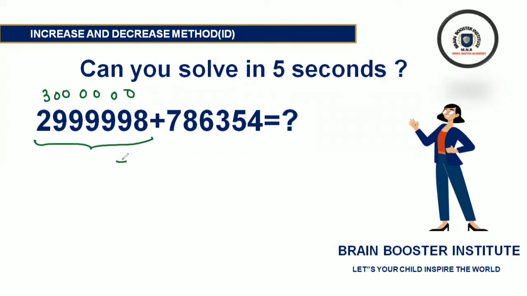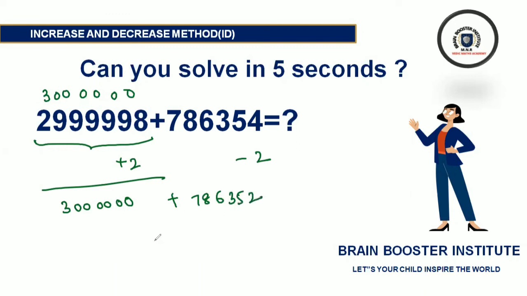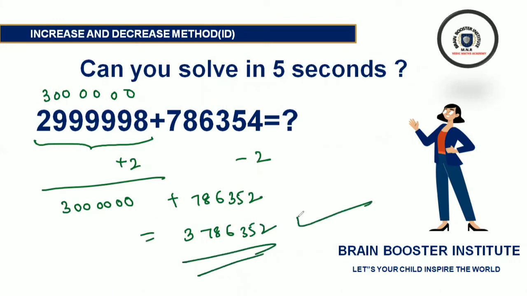Easily you can find it is plus 2. However we are adding plus 2, we need to subtract 2 here. By adding plus 2, we get the easier number that we selected. And by subtracting 2 from the other number, we get 786,352. Now add this, my dear students. Don't get confused here. Directly we can write 3,786,352. This would be the answer.